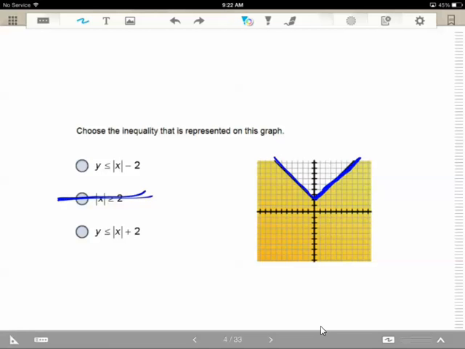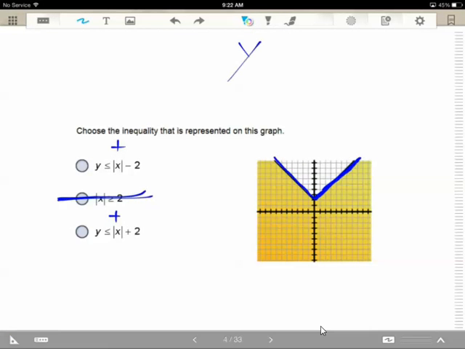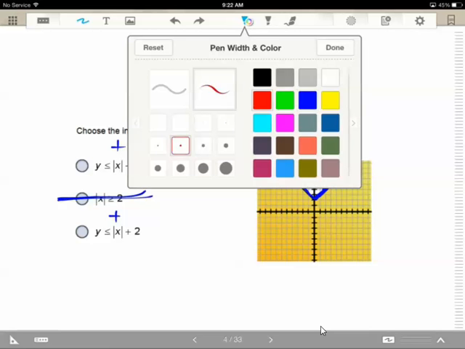Okay, and to answer this one, you should remember that the absolute value of x will always be positive. Okay, and if you have to graph that function, let's say y equals absolute value of x, well, that function, I'm going to use red for it, right?